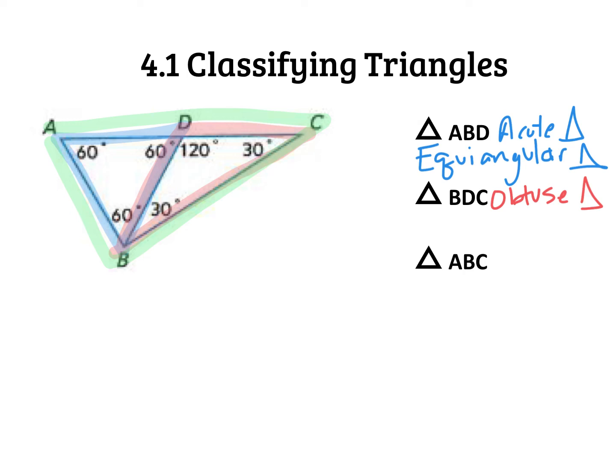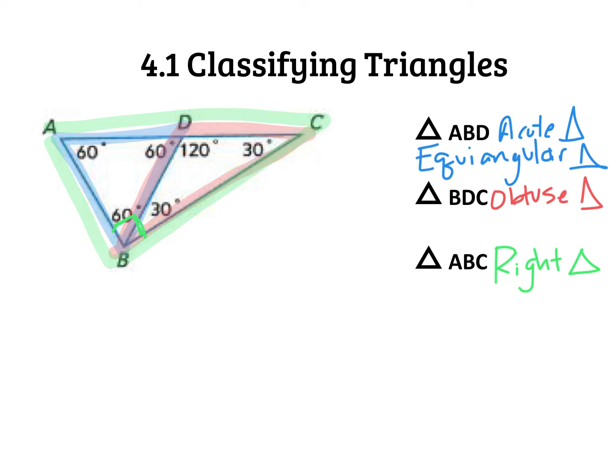So this corner here at B is a 90-degree angle. Therefore, this green triangle, ABC, is considered a right triangle. Okay? All right. So classifying it based on its sides, based on its angles.